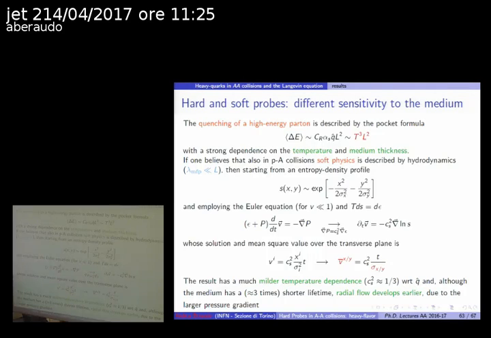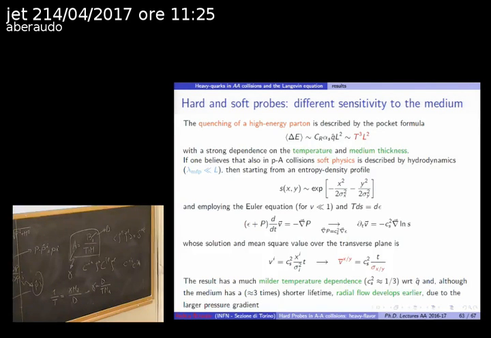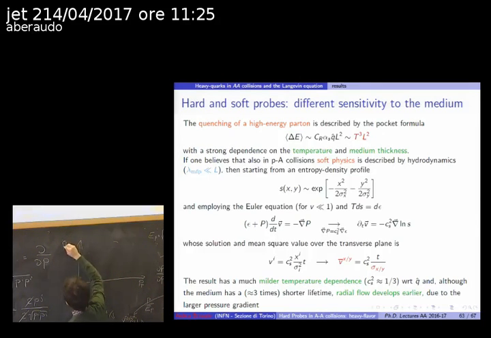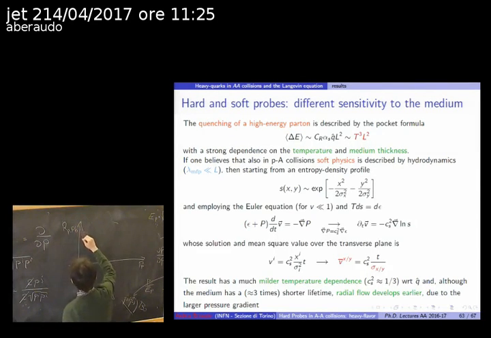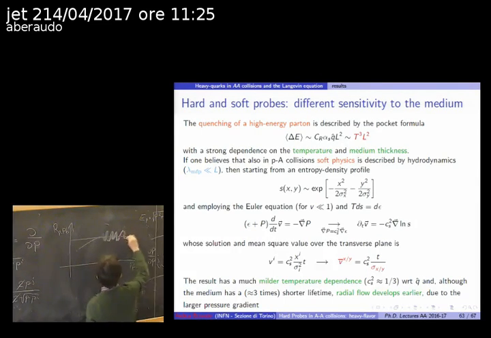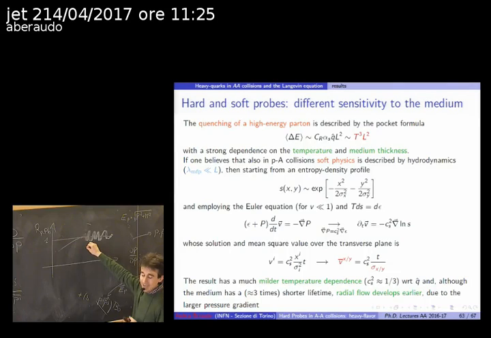Because we have also seen that, on the other hand, for jet quenching, as a function of pT, this R_pPb turns out to be compatible with 1, so that we can say, concerning hard probes, we don't have a signature of any medium effects.